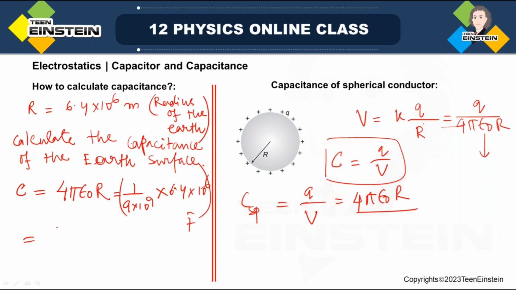So it is 64 by 9 into 10 to the power minus 4.